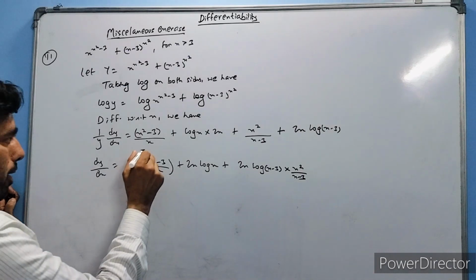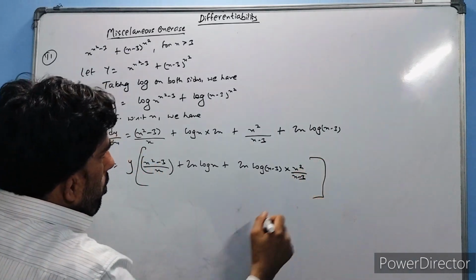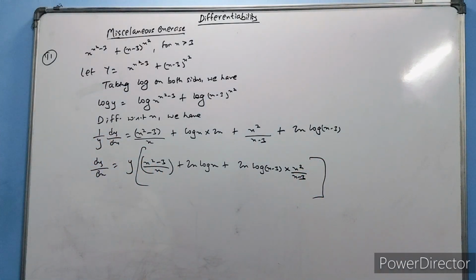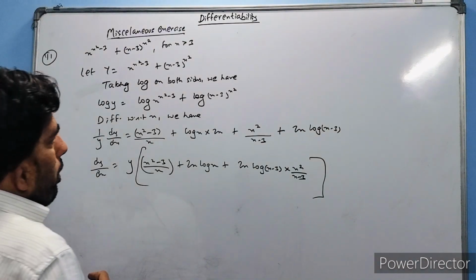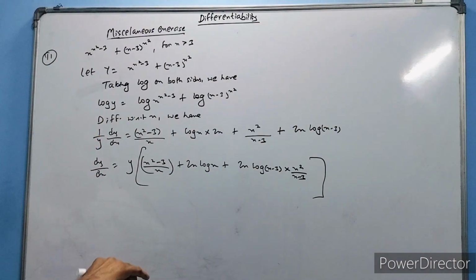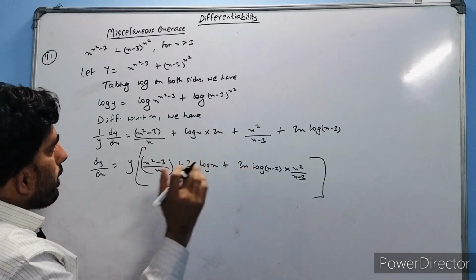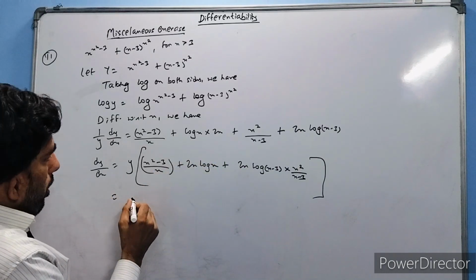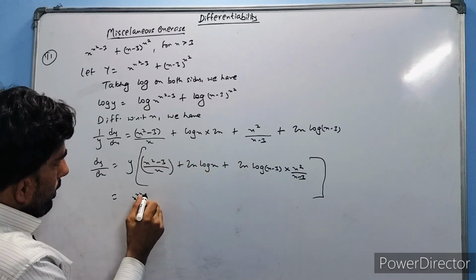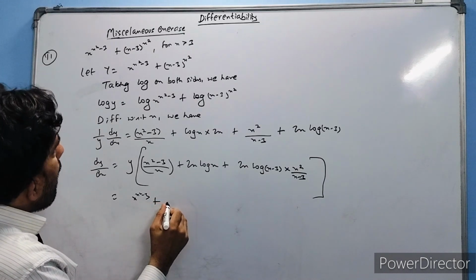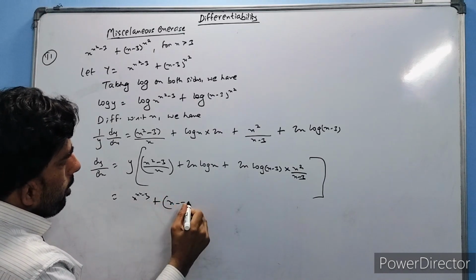In a very simple way, we can take only 2x as common. So y is x square minus 3 plus x minus 3, x square.